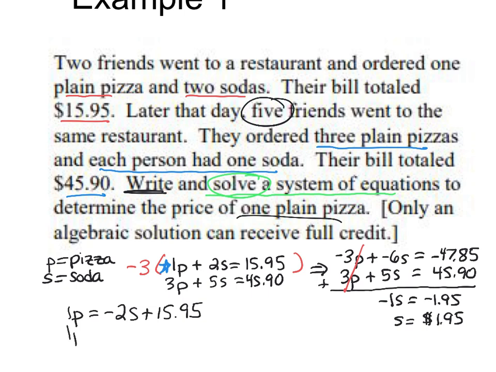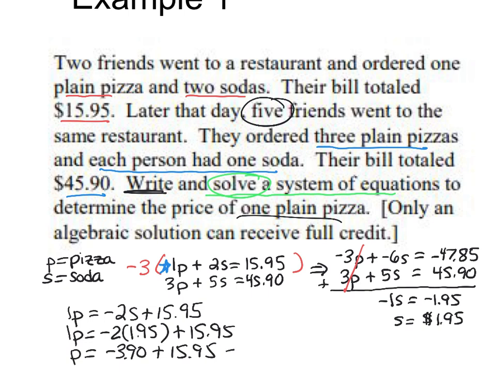And now 1 pizza is equal to -2 times $1.95 plus 15.95. So multiply $1.95 times 2, and I'll get -3.90. So pizza is equal to -3.90 plus 15.95. Using my calculator again, I end up with a pizza is equal to $12.05.